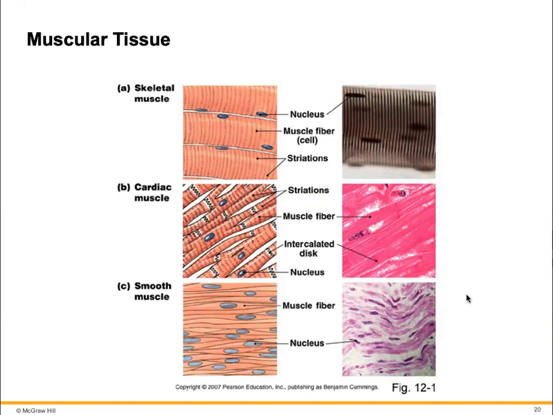So muscle tissue, the reason why we consider it excitable is because when it receives a stimulus, it will then cause the muscle to contract. And there are definitely some nuances or differences between the different types of tissues.